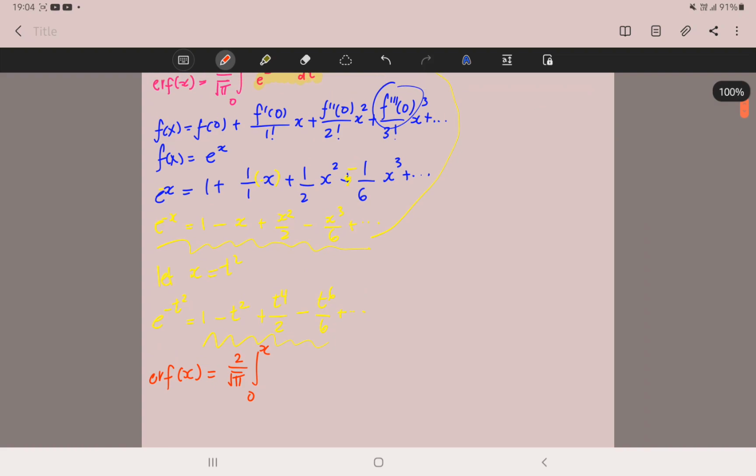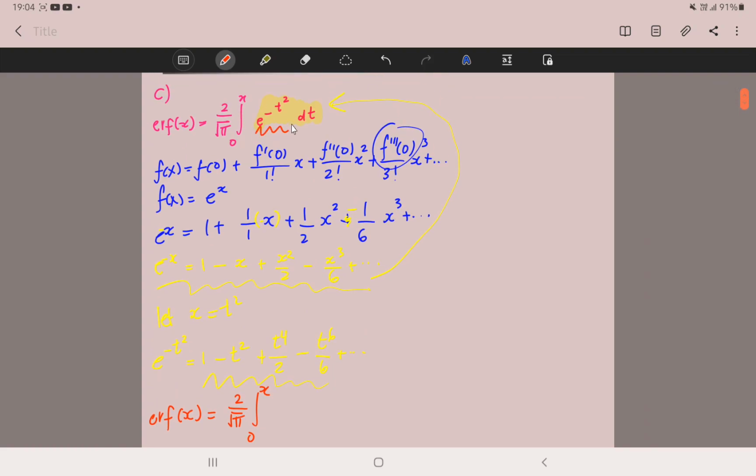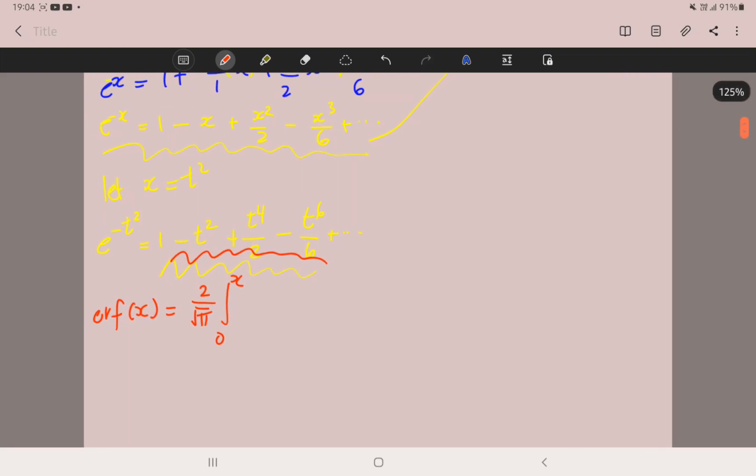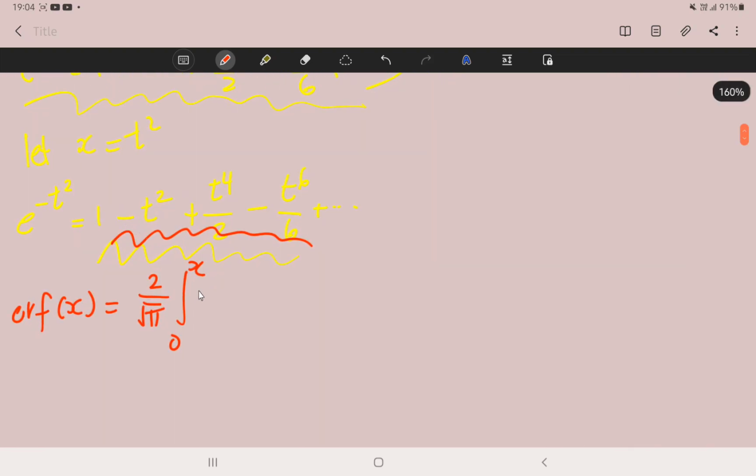So we replace this with the Taylor series function. So it is 1 minus t squared plus t to the 4th over 2 minus t to the 6 over 6 plus dot dot dot, with respect to t, dt.